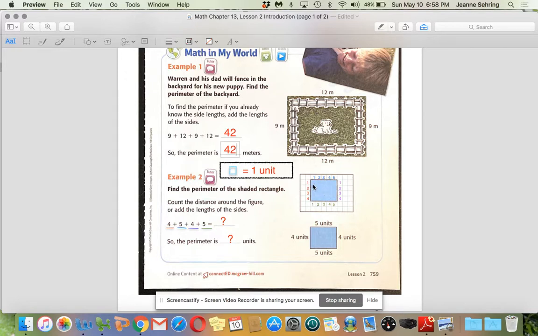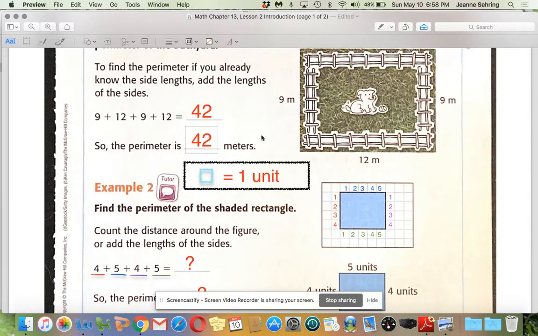So on the left side, let me make this bigger so it's easier to see. On the left side, we have 1, 2, 3, 4 units. So here's the number 4. On the top, we have 1, 2, 3, 4, 5 units. Here's the number 5. On the right side, 1, 2, 3, 4 units.